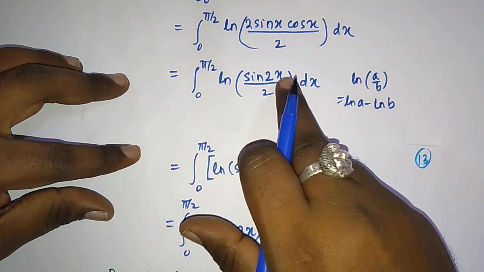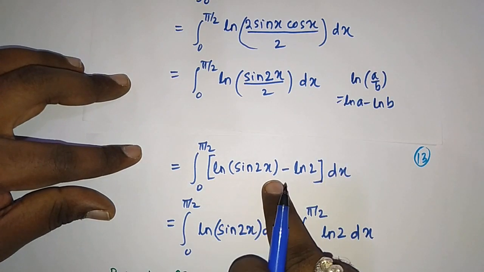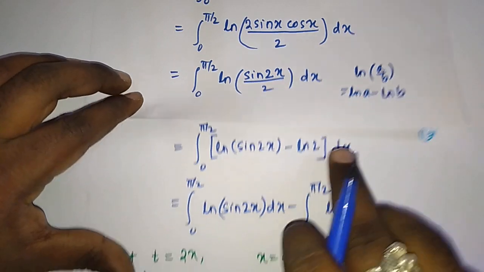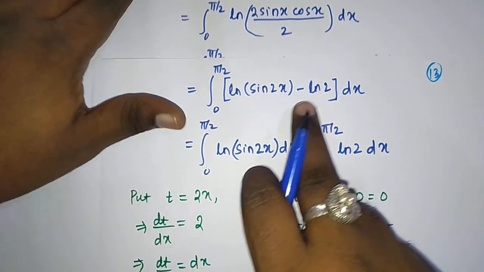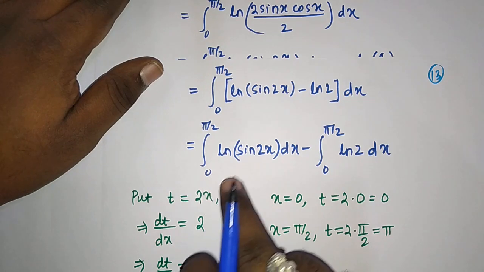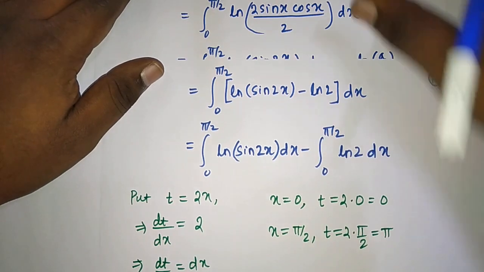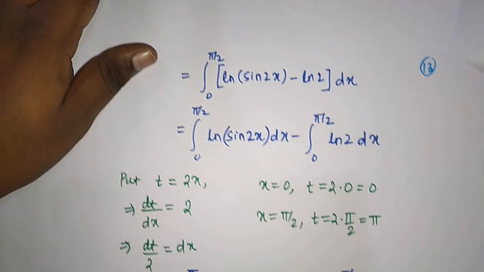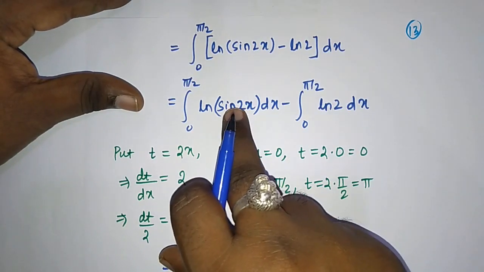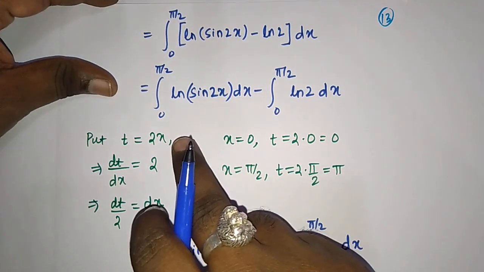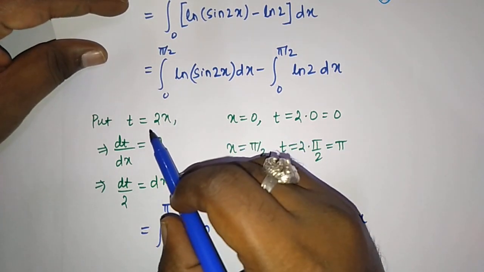Now the integration of ln sin 2x minus ln 2 can be written as the integration of ln sin 2x minus the integration of ln 2. We can write the integration like this. Now what we will do next is put 2x equal to t.